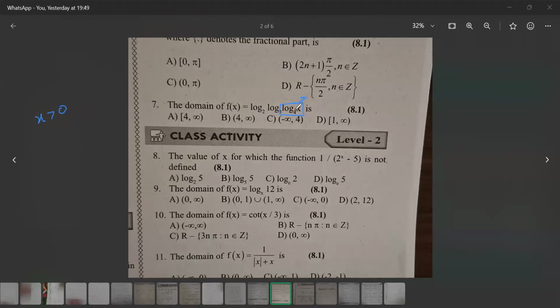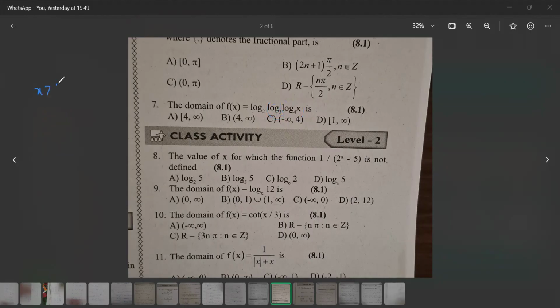Now if x is greater than 0, then also, as you know, for this log with base 3, the argument of this log should also be a positive number. So this also should be greater than 0.